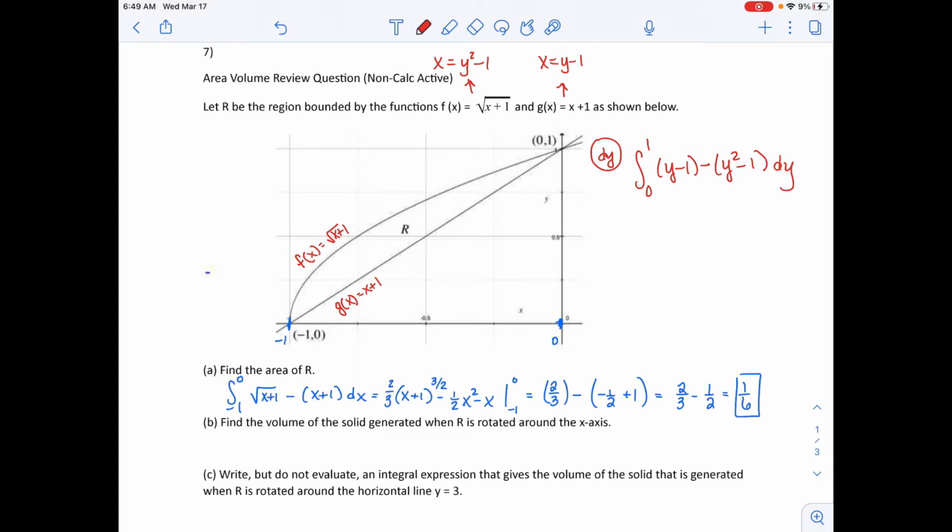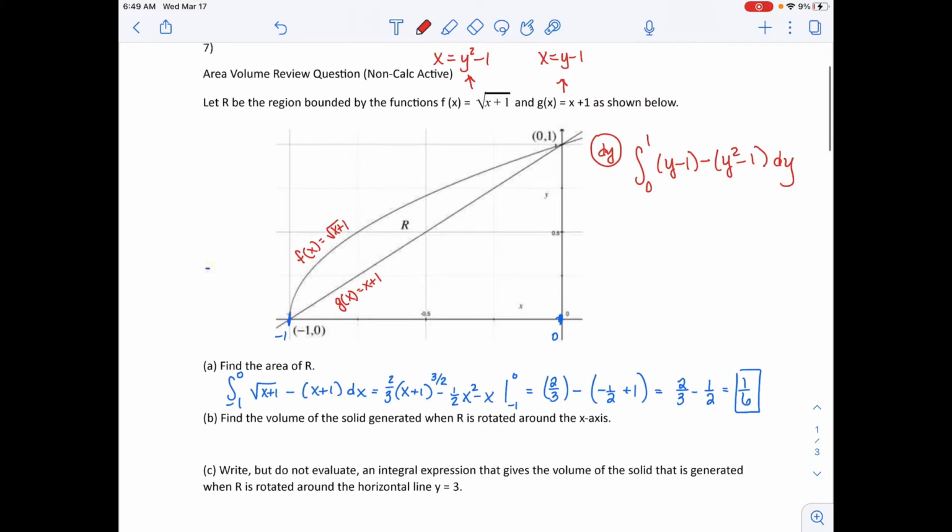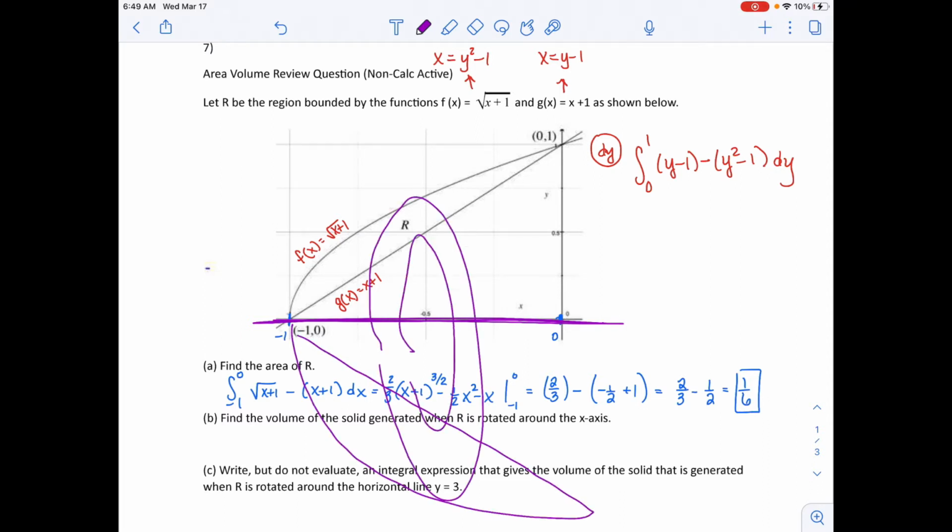All right, part B, find the volume of the solid generated when R is rotated around the x-axis. So the x-axis is here. And so if we rotate it around, it looks like this. Okay, but that's a whole lot of mess on our paper.